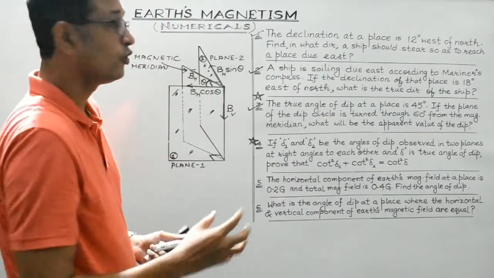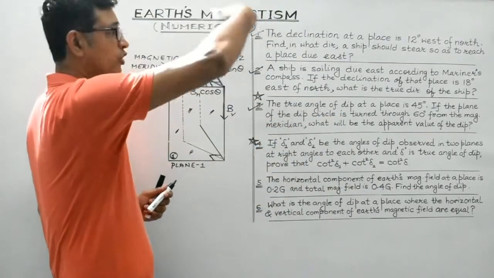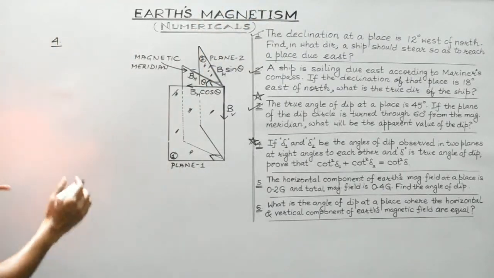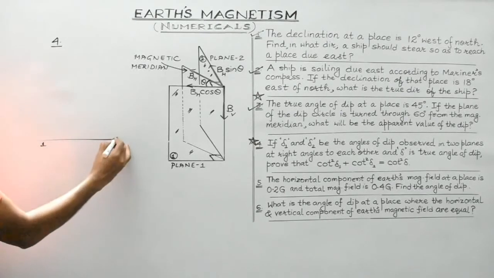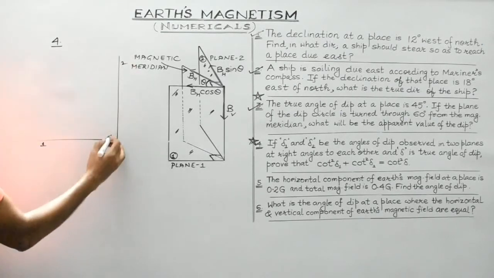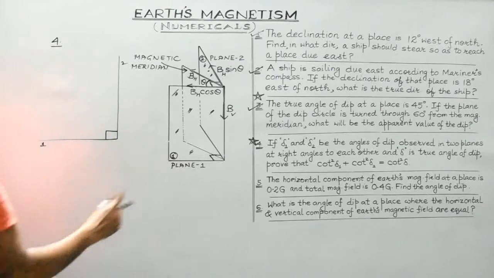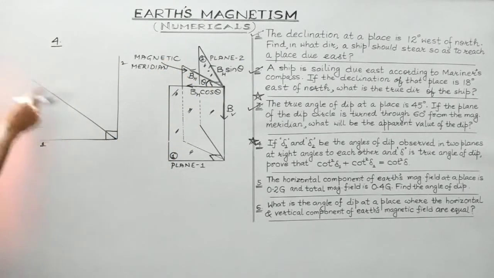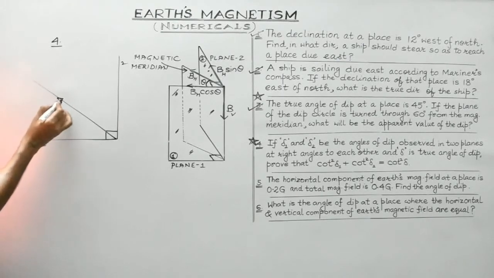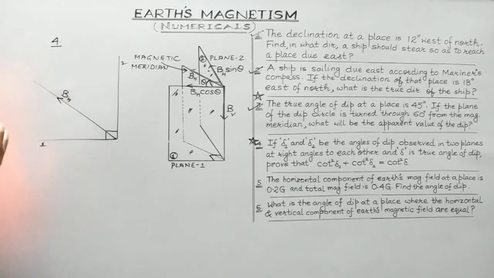Now, if you take a top view, then the diagram will be somewhat like this. This is plane 1. This is plane 2. The angle between them is 90 degree, right? And this is the magnetic meridian. So BH would be along this direction.